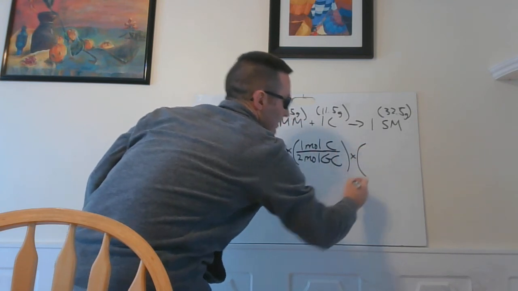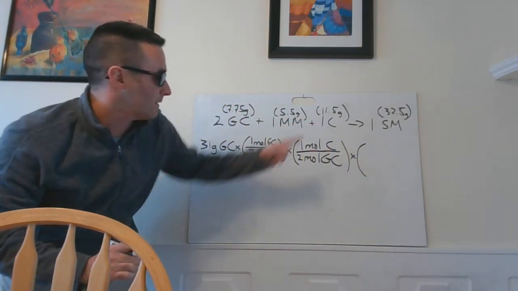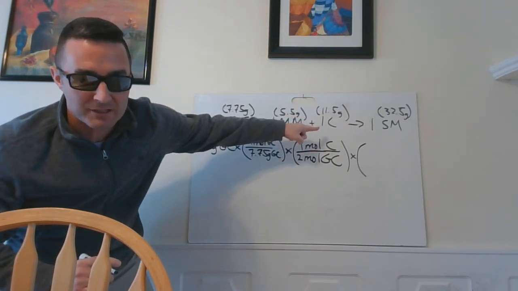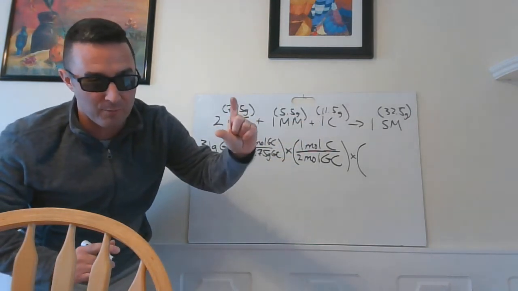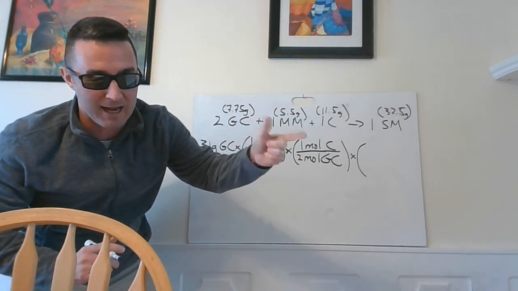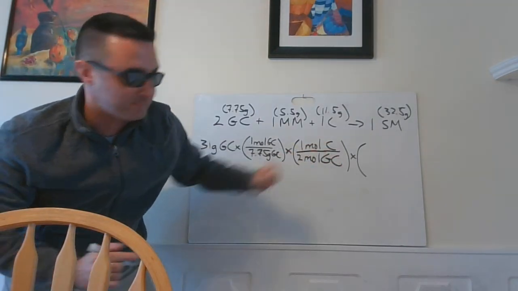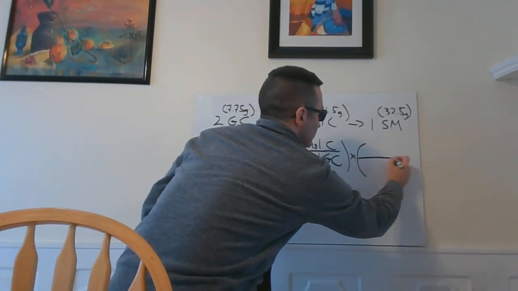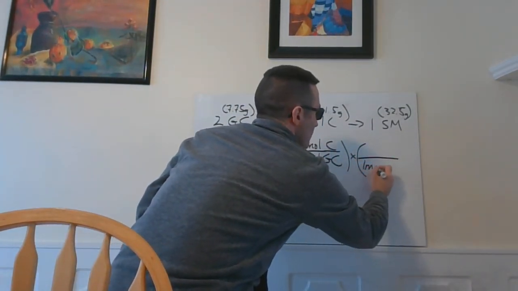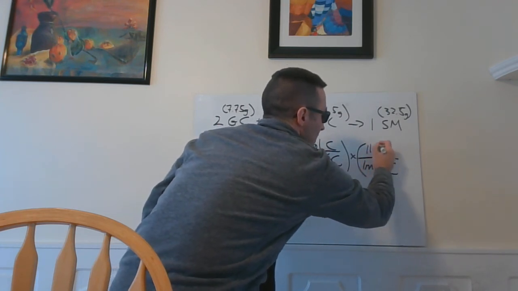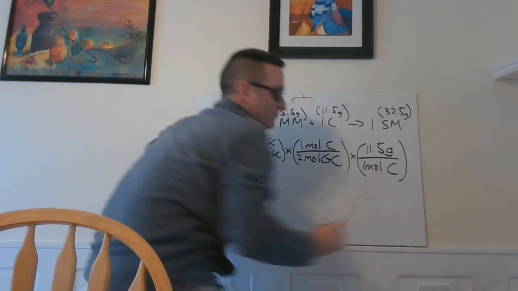Okay, last piece. I need to get out of moles of chocolate into a mass. And you saw the little Hershey's chocolate we put on there when my daughter and I ate the s'more. Well, let's flip this. 1 mole of chocolate weighs 11.5 grams.